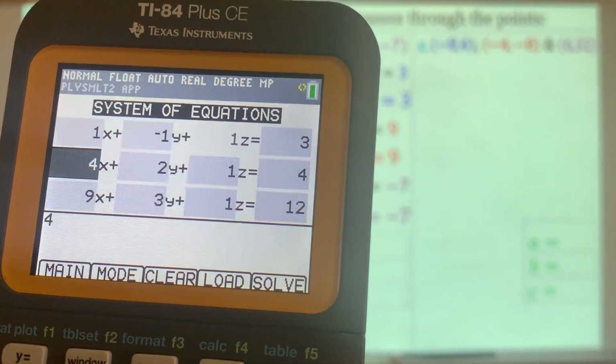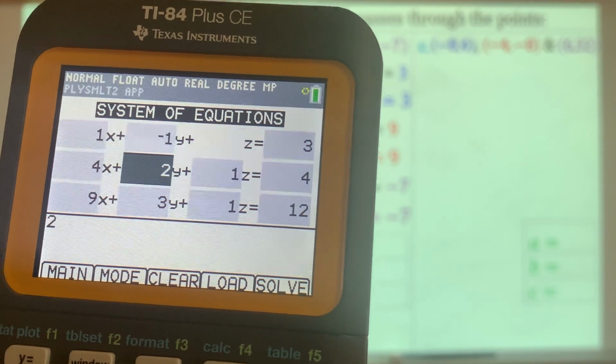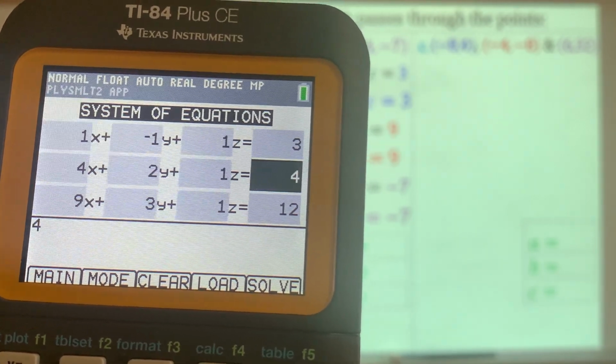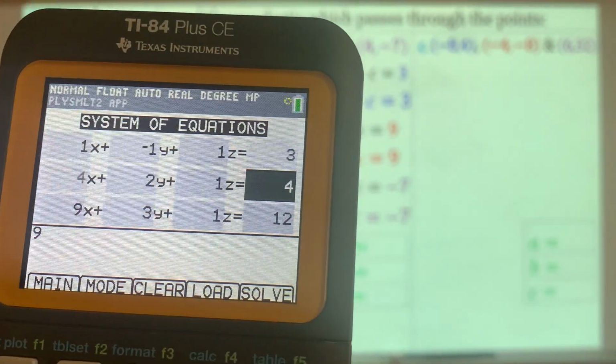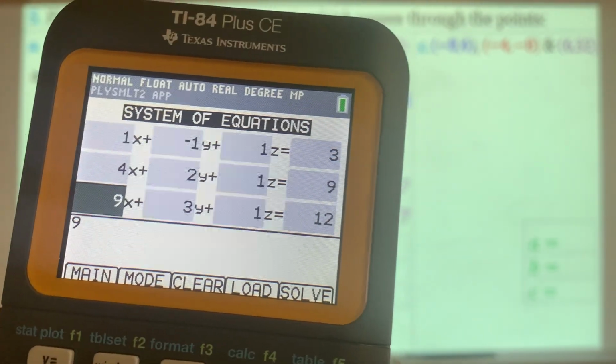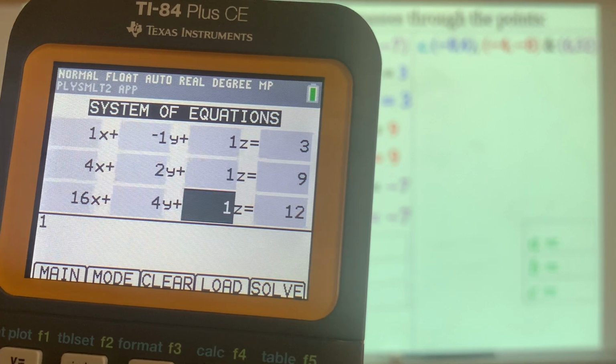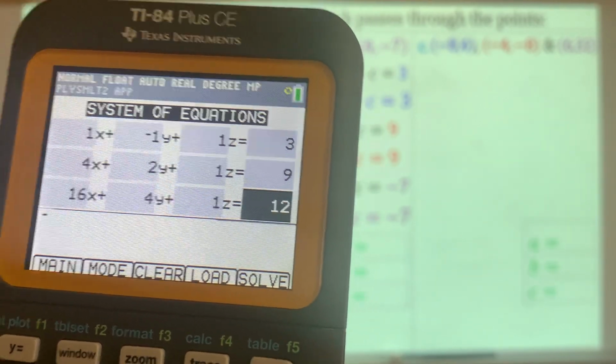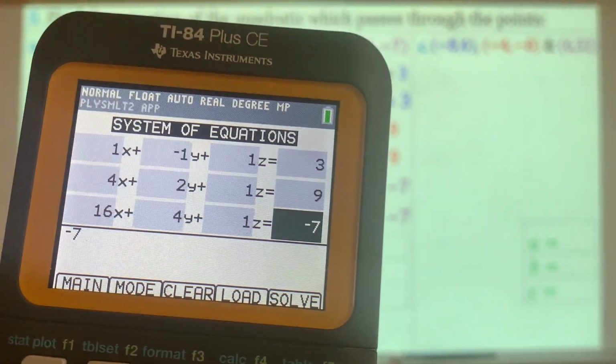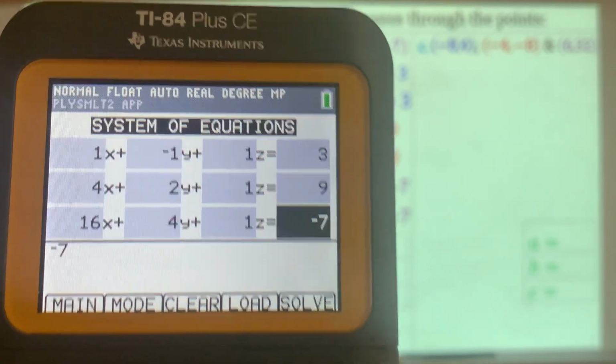This is 4, 2, 1, and 9. This is 16, 4, 1, and -7. So I got my system of equations right here.